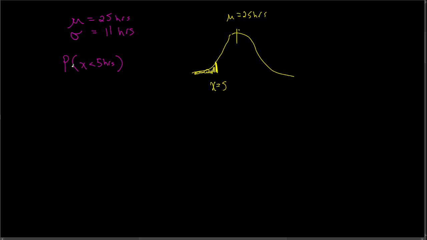Now what we can do is convert this to a z-score. We can say that z is equal to x minus mu over the standard deviation, or that it's 5 minus 25 divided by 11, which is negative 20 over 11.